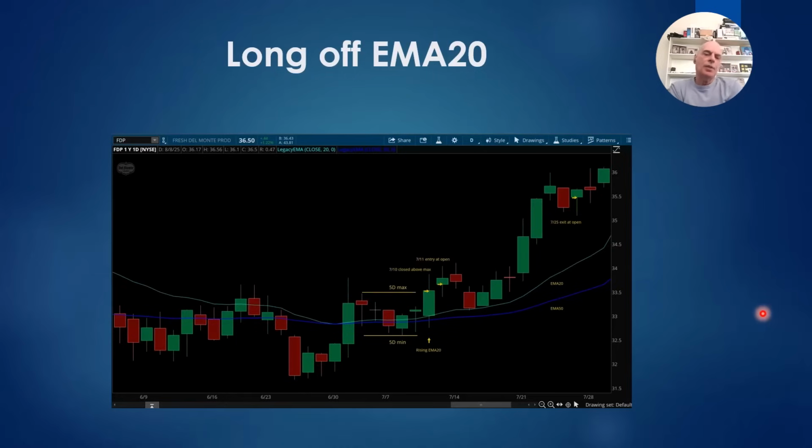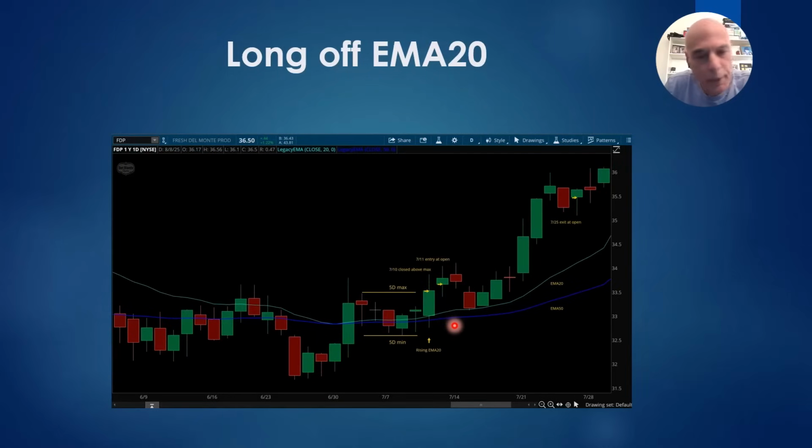Now, this is an example of the strategy working as it should. On this particular day, we have a rising EMA 20, which is this cyan color, which is also above the blue EMA 20.